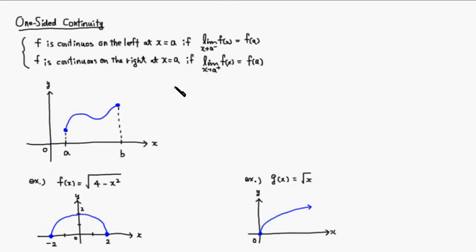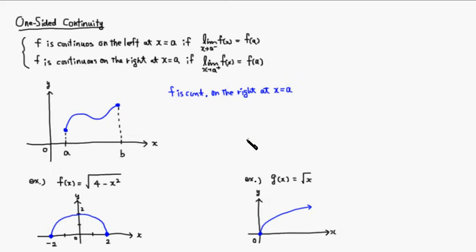So f is continuous on the right, because you can see that the right-hand limit and actual function value agree with each other. So f is continuous on the right at x equals a.